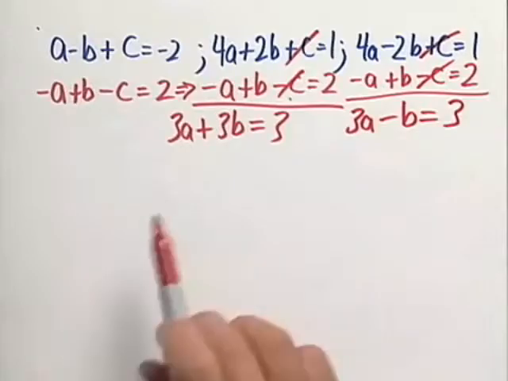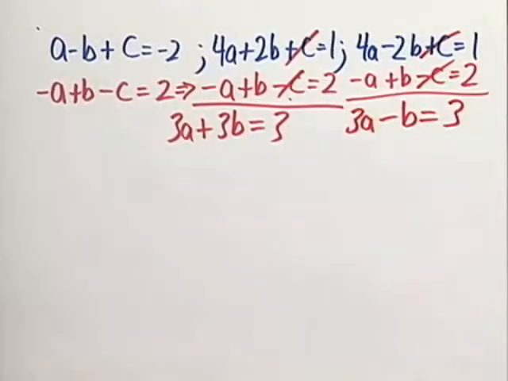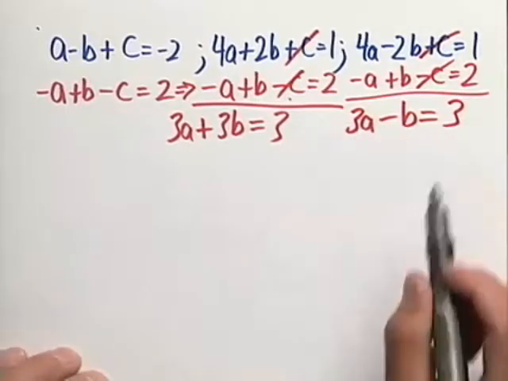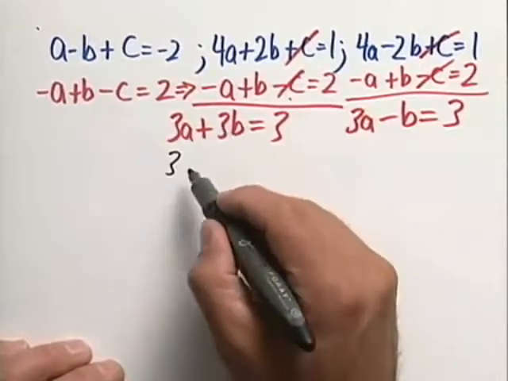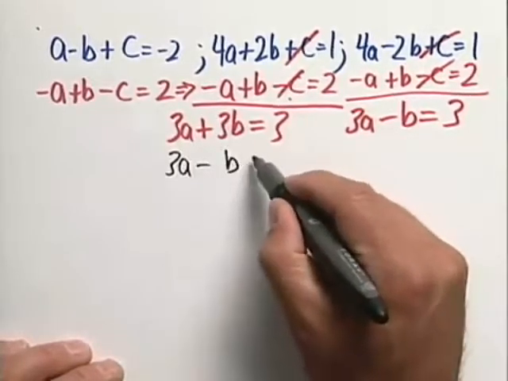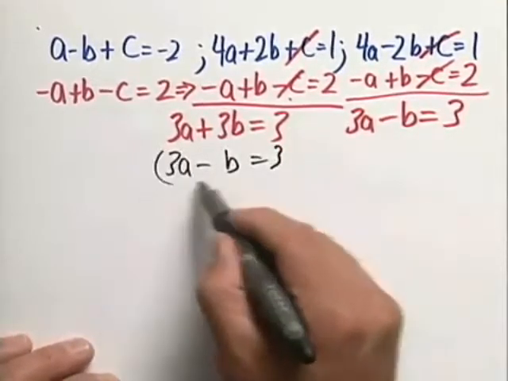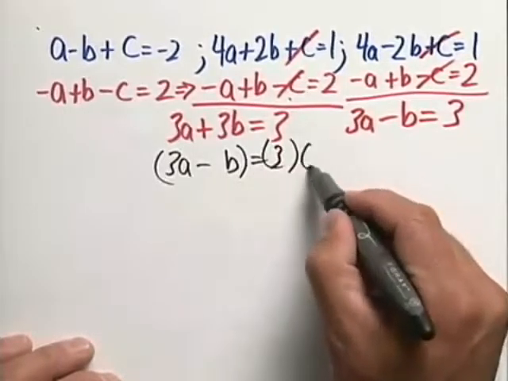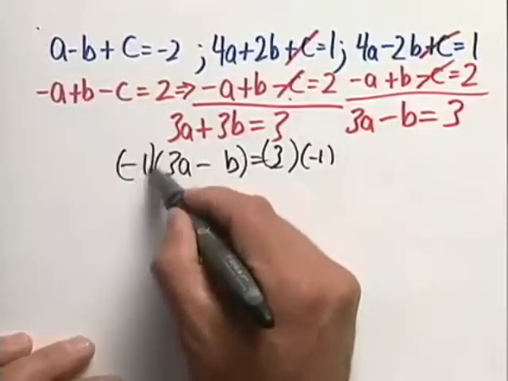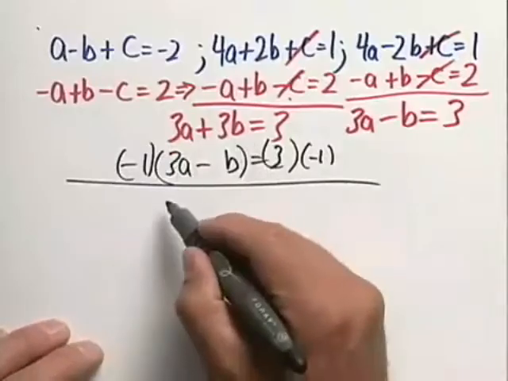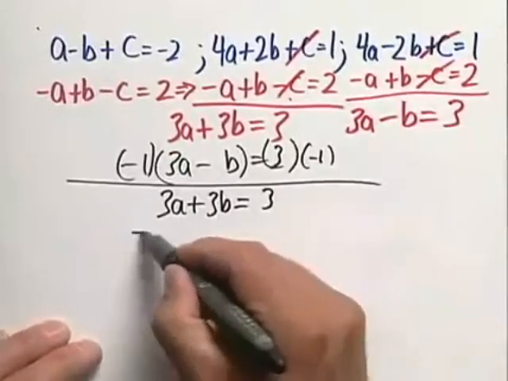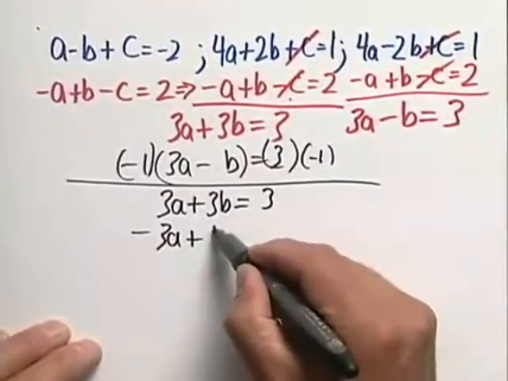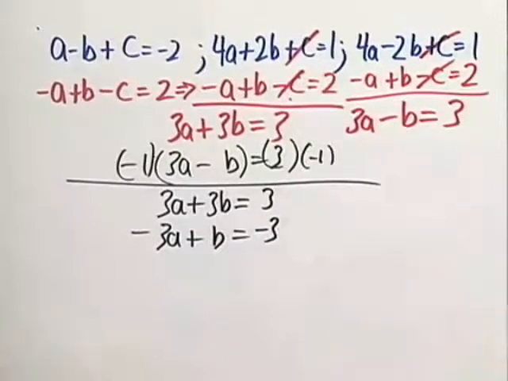So we now have two equations in terms of a and b. Let's take the equation 3a minus b equals 3 and put it under our first one. Let's multiply both sides of the equation by -1, and watch what happens. 3a plus 3b is equal to 3, minus 3a plus b is equal to -3.